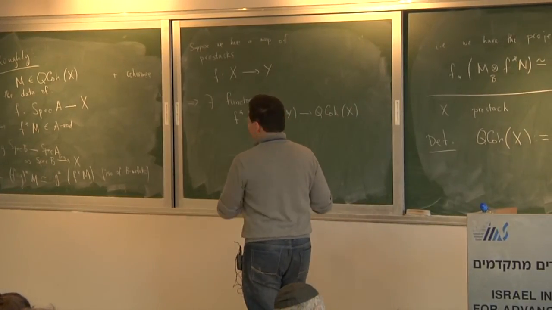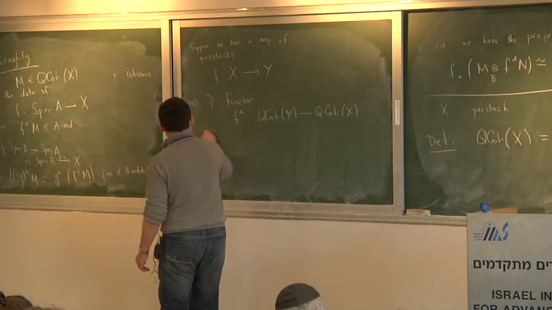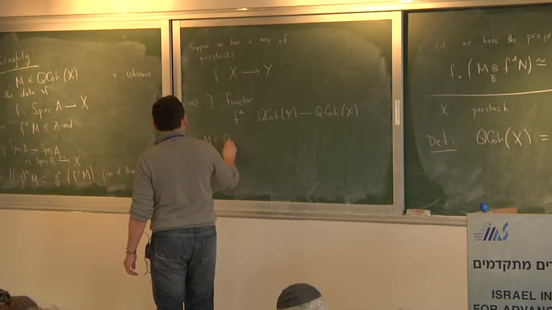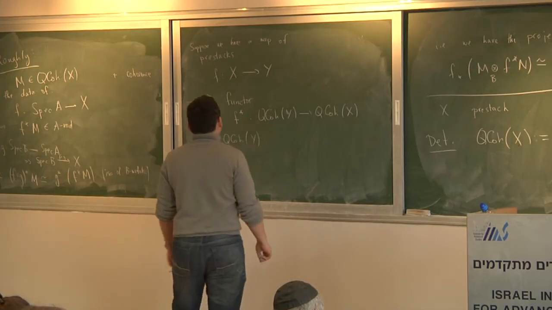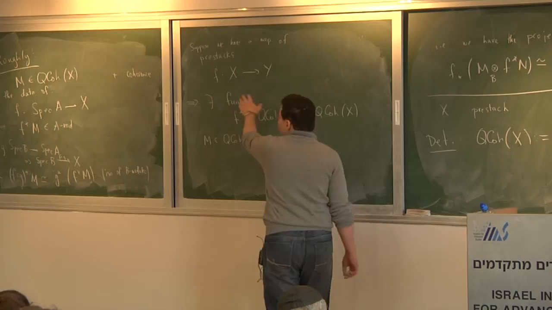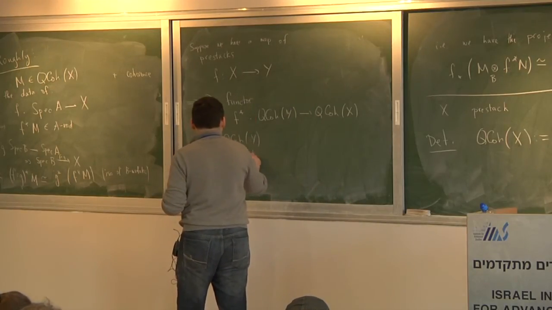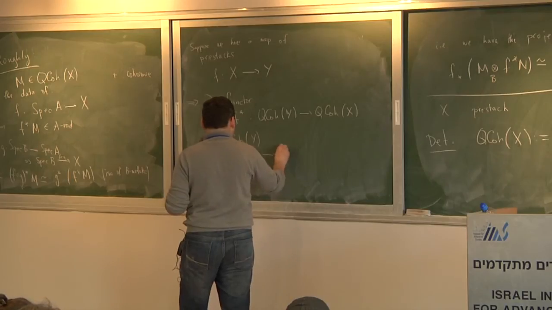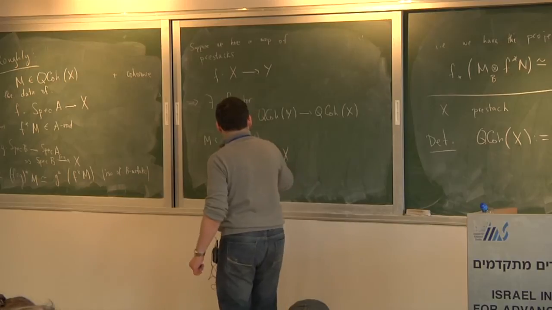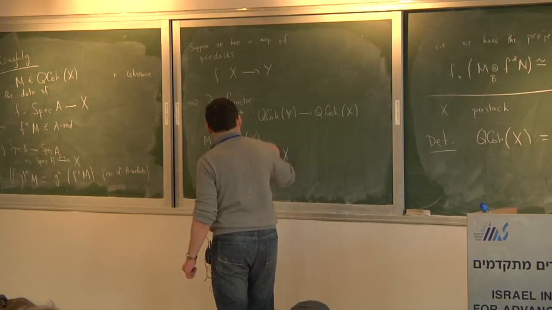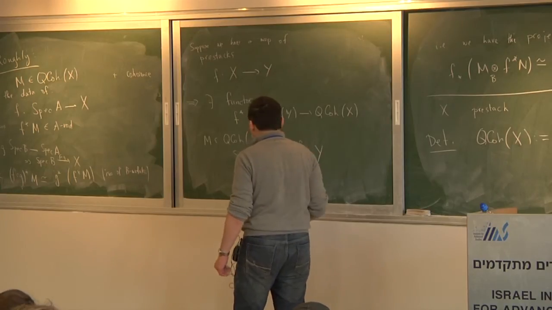Let's give a rough definition of this functor. Suppose I have an object which is a quasi-coherent sheaf on y. I want to assign to it a quasi-coherent sheaf on x. That means for every spec A mapping to x, I'm supposed to give an A module. Let's call this map G. But x, remember, maps to y.